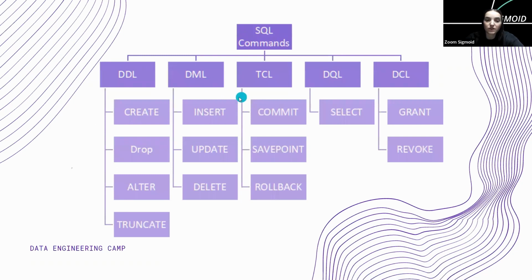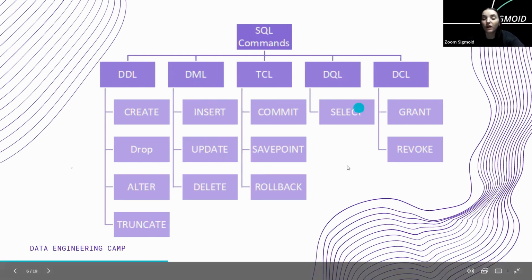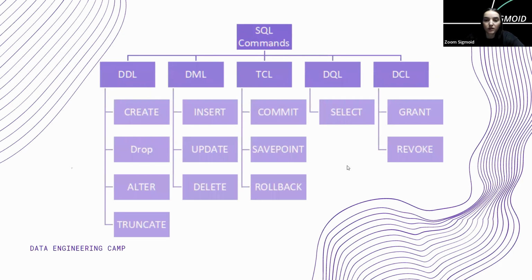Data manipulation language has insert, update, delete. Transaction control language has commit, savepoint, rollback. Data query language has only select. Data control language has grant and revoke. Now, as I said, we will talk only about data definition language, data manipulation language, and data query language. Let's see the structure of each command and what it is used for.